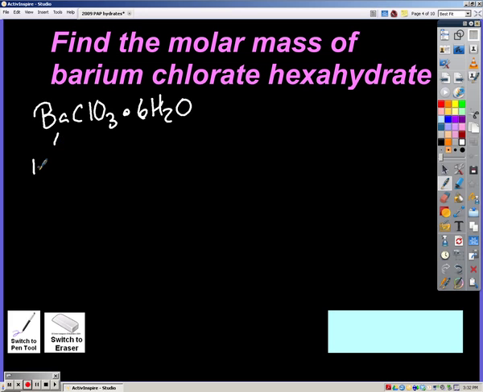To find our molar mass, we're going to do exactly like what we did when we previously found molar mass. We find our element's mass on the periodic table. Barium's 137.33, chlorine's 35.45, and we have 2 of the chlorines. And oxygen is 16.00, and we have 6 oxygens.